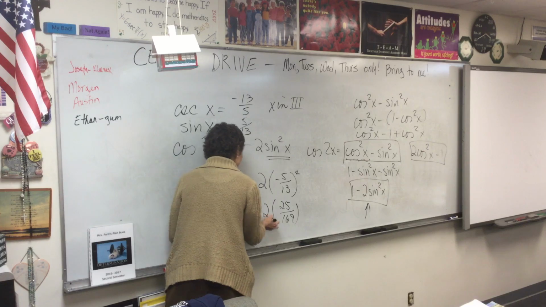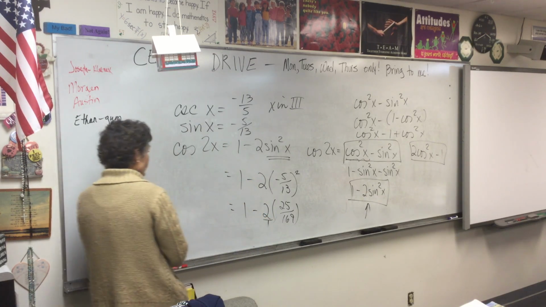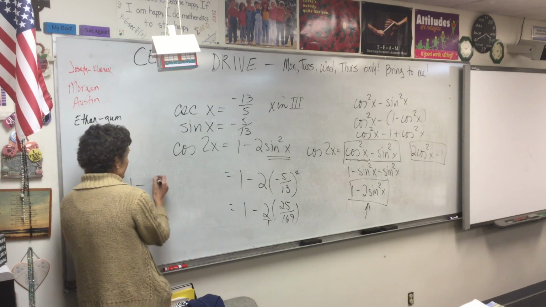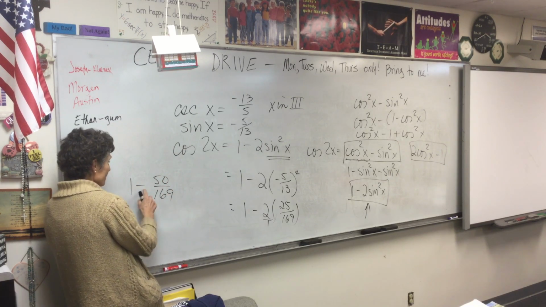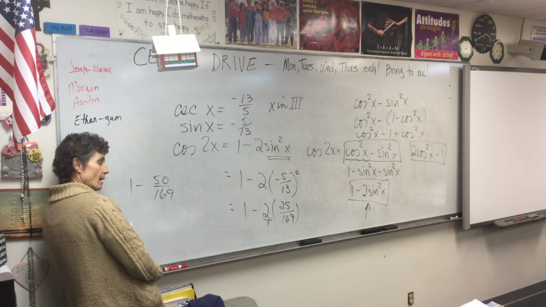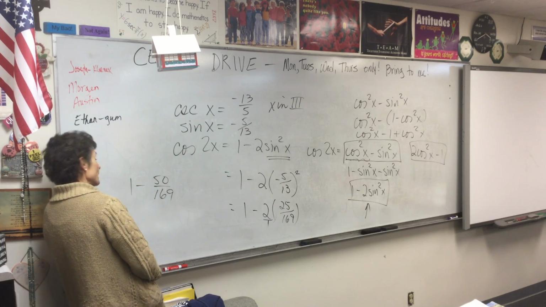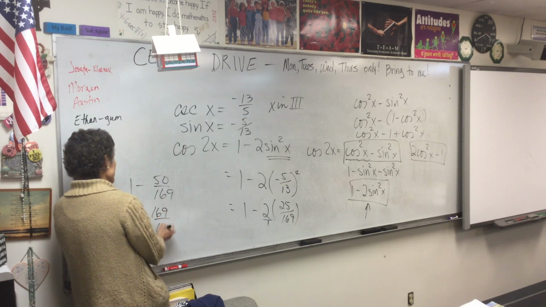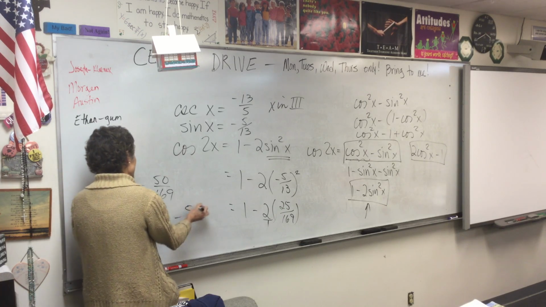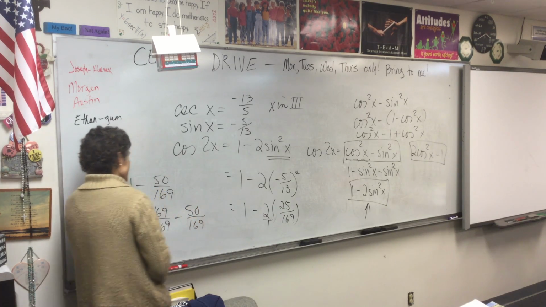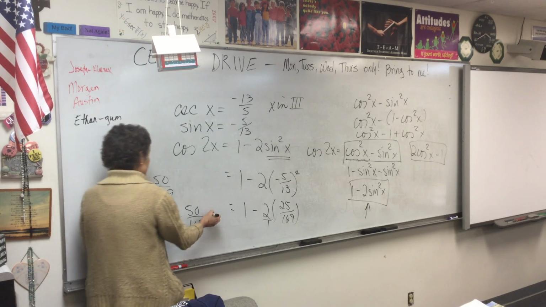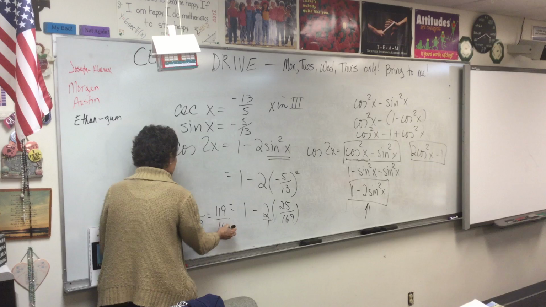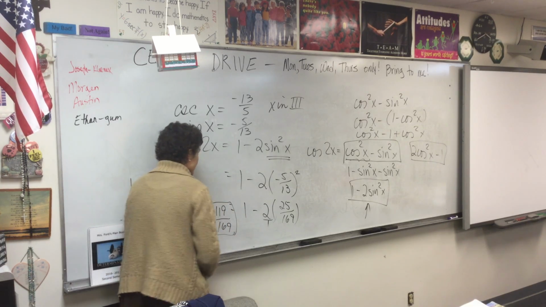What's 2 times 25 over 169? 50 over 169. What do I do when I have 1 minus 50 over 169? Get a common denominator. So 169 minus 50, what is that, 119? That leaves me with 119/169 as the answer to the problem.